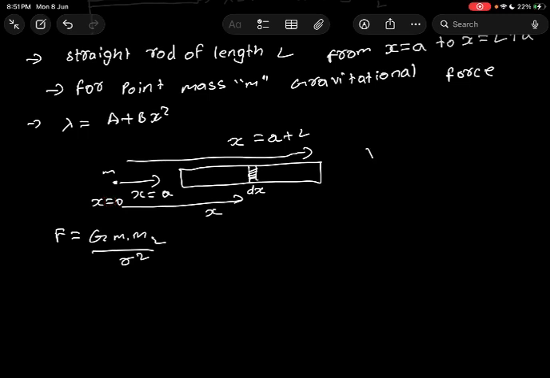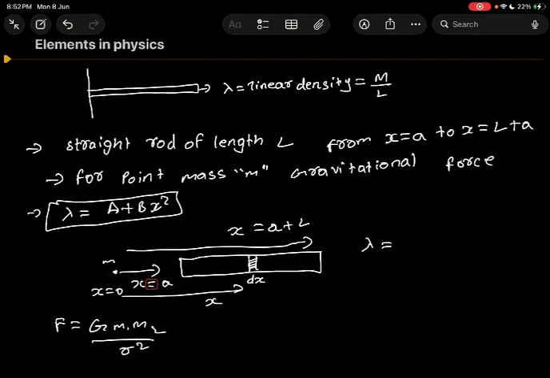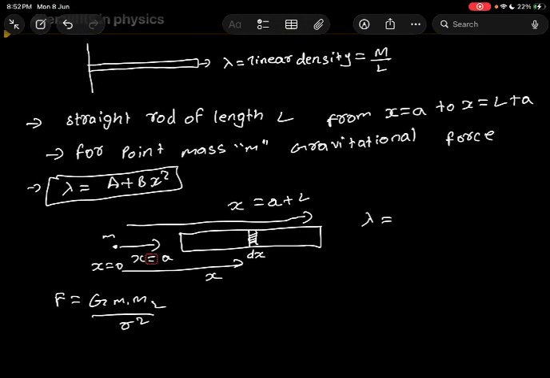So what is lambda? Lambda is a function of this thing. Lambda is also, as I have written over here, mass per unit length. Since we are discussing a very small length, here you can write this mass as some dm.